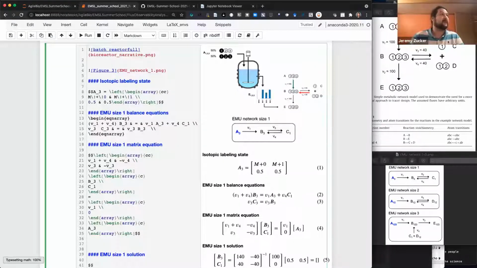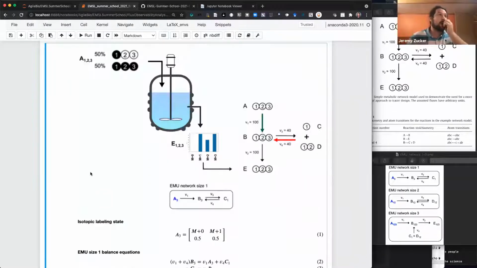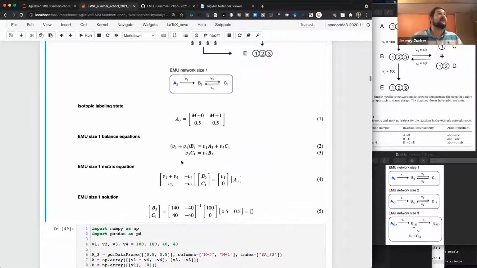C1 actually. So then for C1, there's a reaction that produces it, so B3 times V3 should be equal to C1 times V3. And that's what this shows right here.